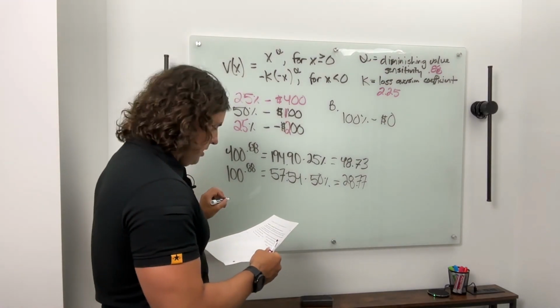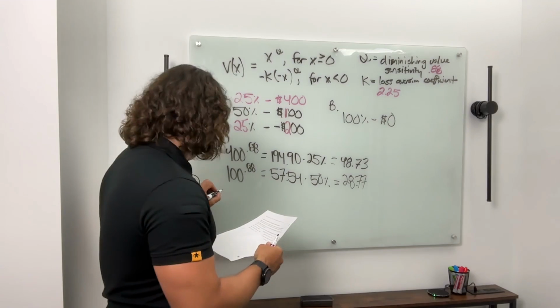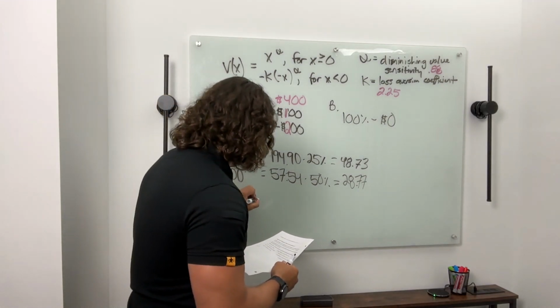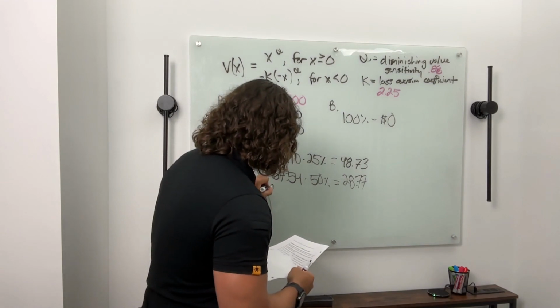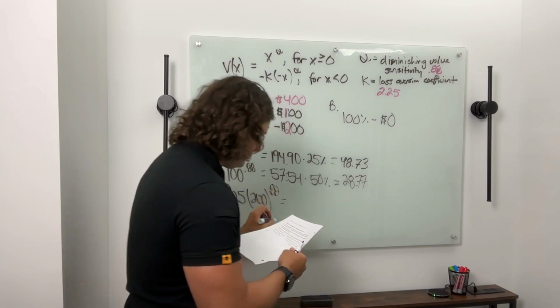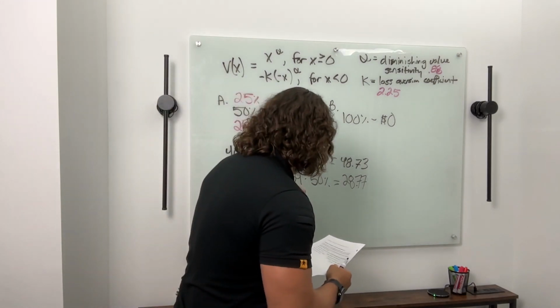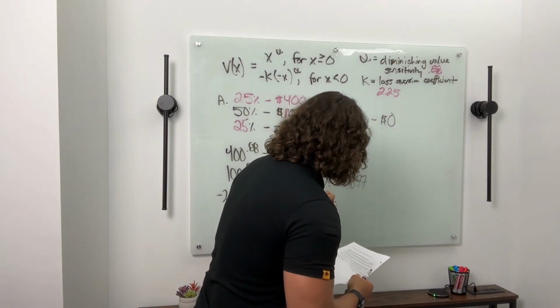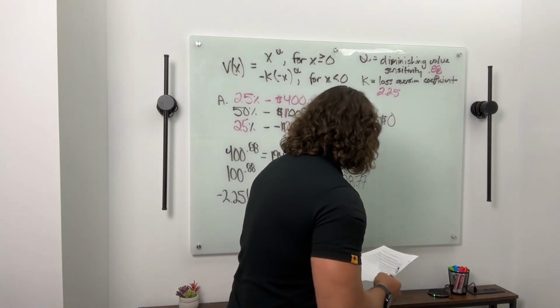And then if we lose 200, that is negative 2.25 times 200 to the 0.88 power. And that gives me negative 238.28 times a quarter, or 0.25.